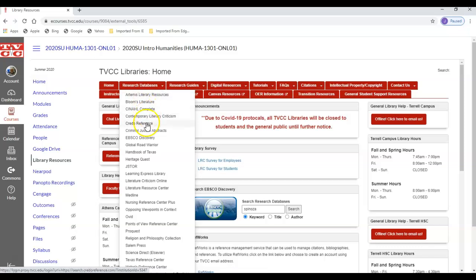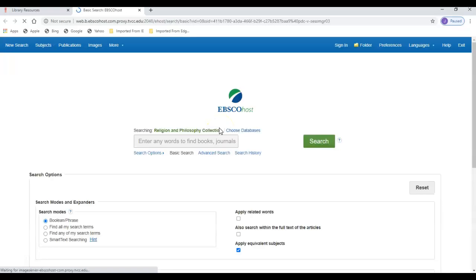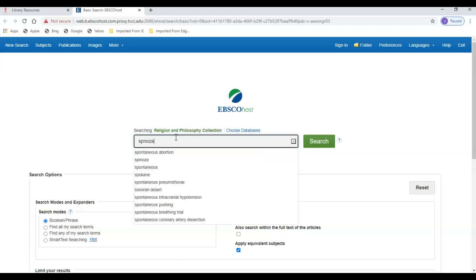You can also go over here and look at one of our more specific databases if you want to. For instance, the Religion and Philosophy collection. You click on it and you can type in Spinoza here. Oops, I didn't click.